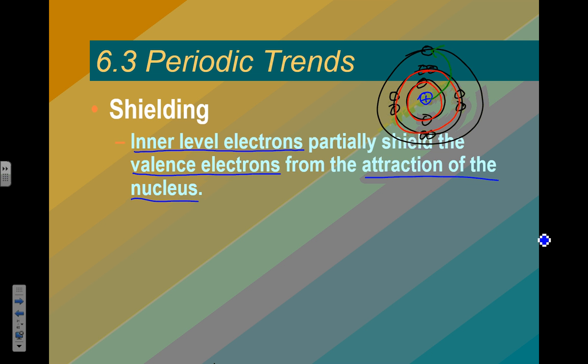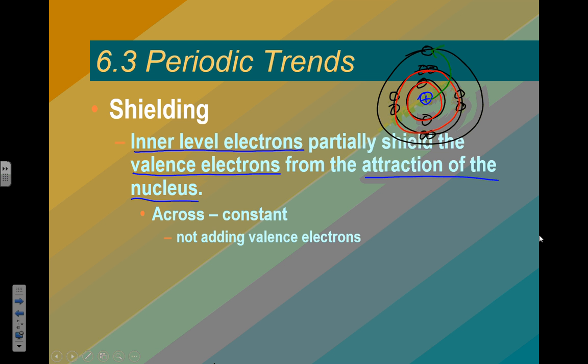So really, when we're looking at shielding, we're looking at those core or inner level electrons because they're packed in between the valence electrons and the nucleus, and their electron repulsions are significantly affecting the nucleus's hold on those electrons. So that's what shielding really is. It's the inner level electrons repelling and preventing the valence electrons from being attracted by the nucleus.